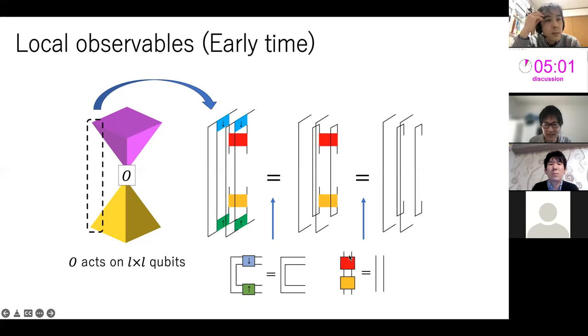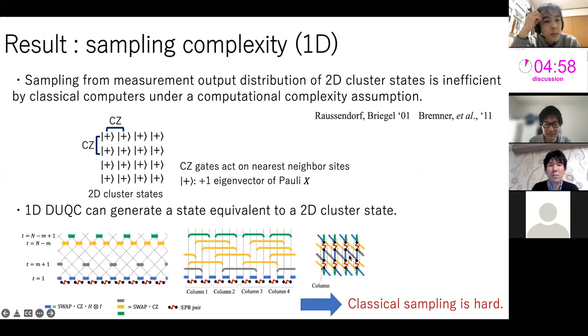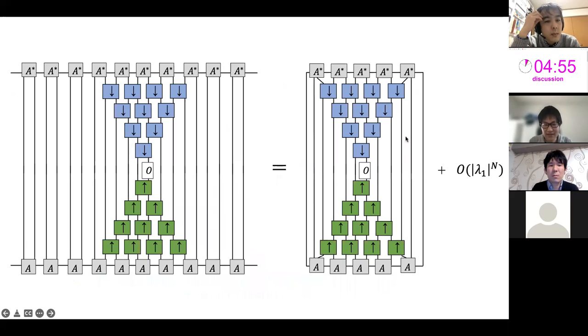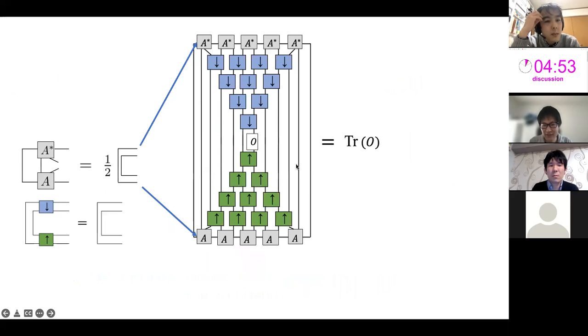Because the local expectation value is trace O, the local density matrix is equal to the maximally mixed state, which means that in early time it is equivalent to infinite temperature. But the interesting thing is that if we apply more and more gates, then this expectation value has some non-trivial value. It means that it's not necessarily an equilibrated state.